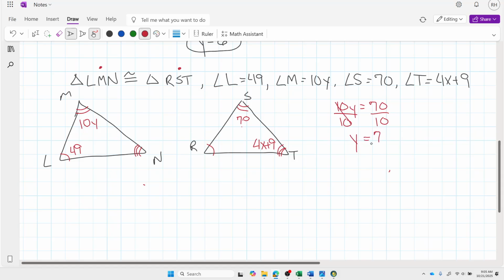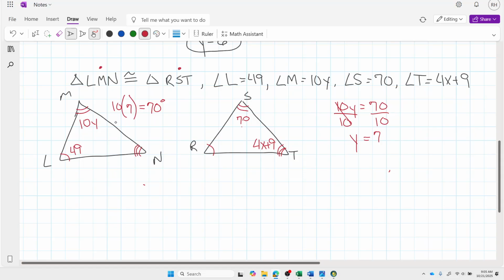Y equals 7, right? If Y equals 7, then angle M equals 10 times 7, and 10 times 7 is 70. So this angle M equals 70.